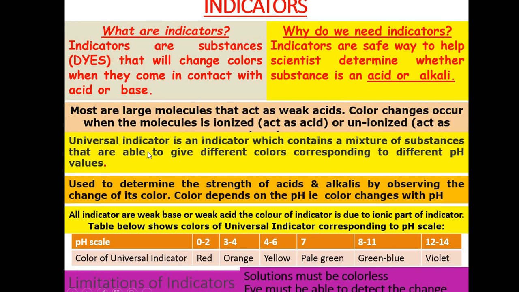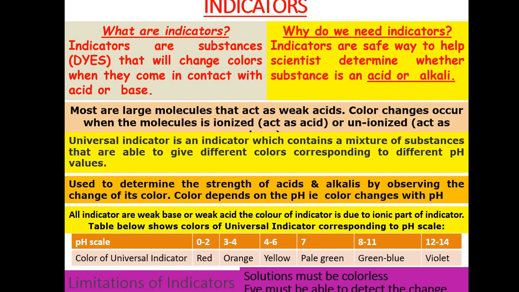A universal indicator is an indicator which contains a mixture of substances that are able to give different colors corresponding to different pH values. All indicators are weak bases or weak acids. The color of an indicator is due to the ionic part of the indicator.